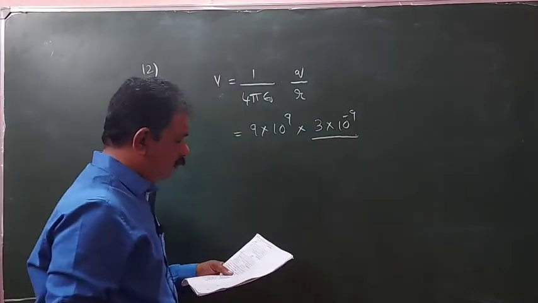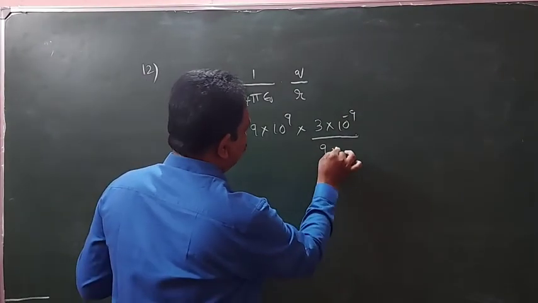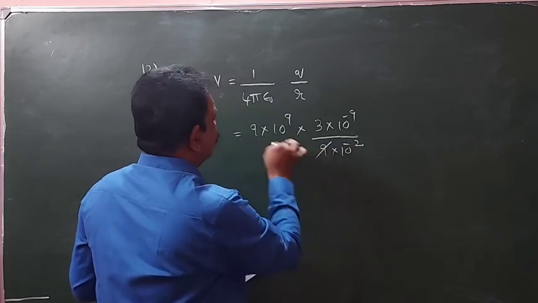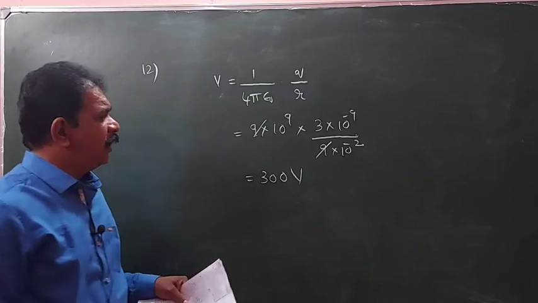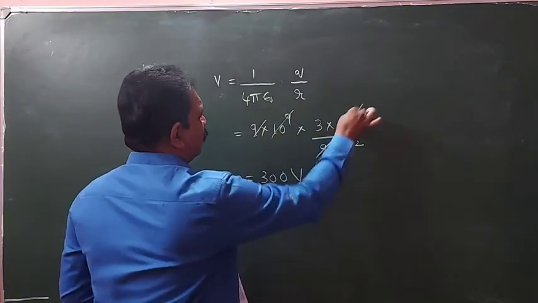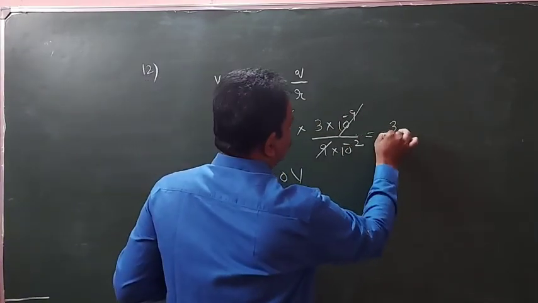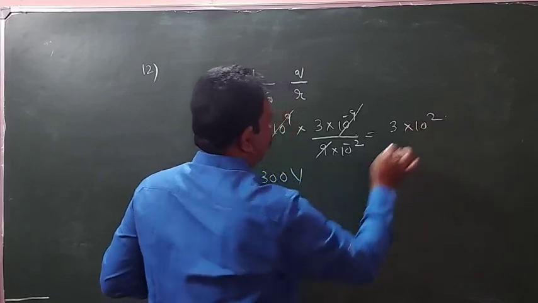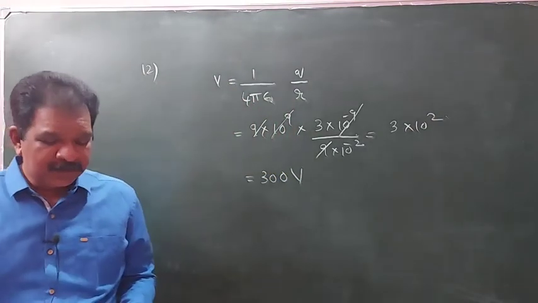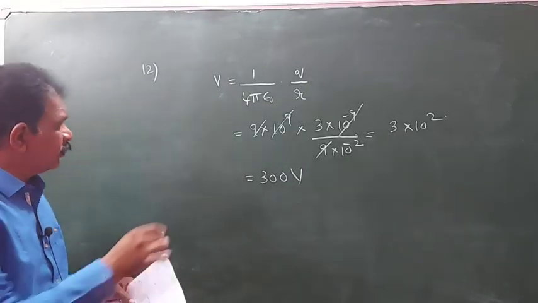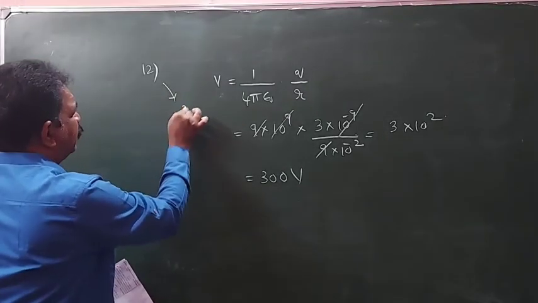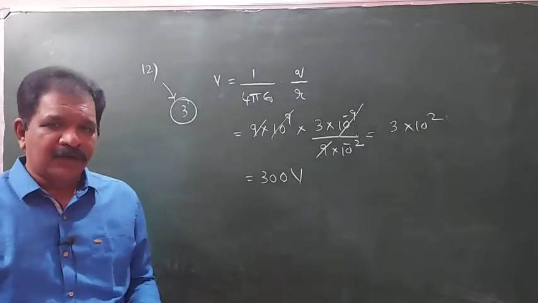R value will be 9 centimeter. 9 will cancel. This value 10 power 9, 10 power minus 9 will cancel. 3 into 10 square this is, means 300 volt. Okay. So the 12th question will be the third option.